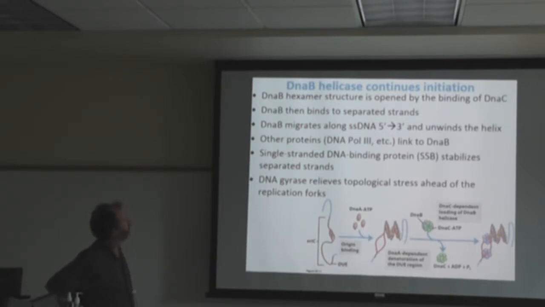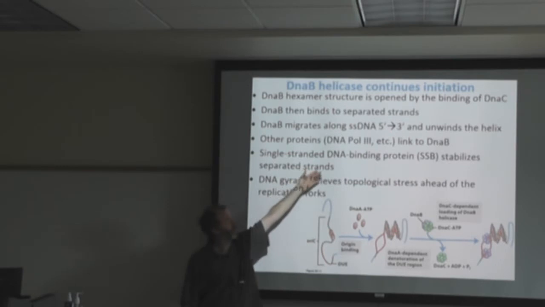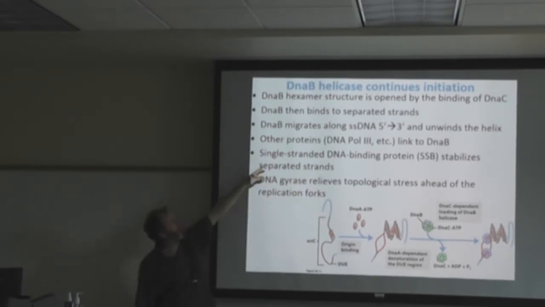DnaB migrates along the single-stranded DNA in a 5' to 3' direction and unwinds the helix. Other proteins, such as Pol III, link to the DnaB, and then the single-stranded binding proteins will stabilize those separated strands. You have to have the single-stranded binding proteins, and then DNA gyrase will relieve the stress ahead of those replication forks as that begins to move.